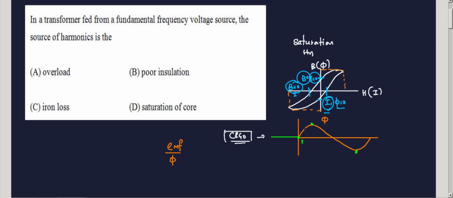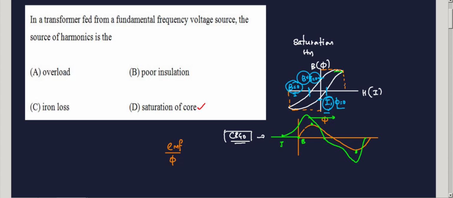Suppose this is flux 0, current 0 is occurring somewhere here. So this is the waveform you are getting. The current is a peaky wave. So from this you get harmonics, this is the saturation of the core. Answer is saturation of the core.